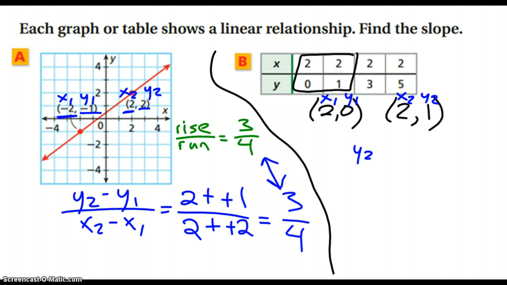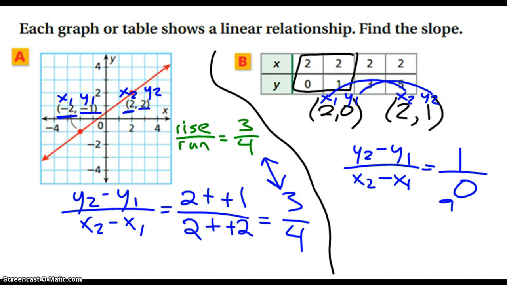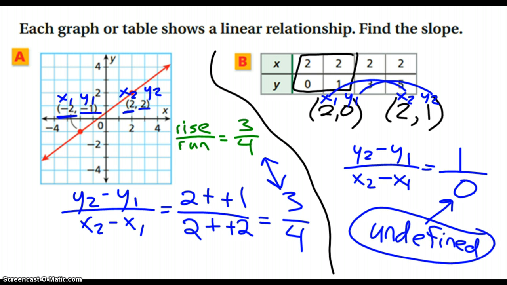Alright, so y2 minus y1 over x2 minus x1. And we got 1 minus 0, which is 1, and 2 minus 2, which is 0. However, we run into a problem here. You cannot divide by 0.